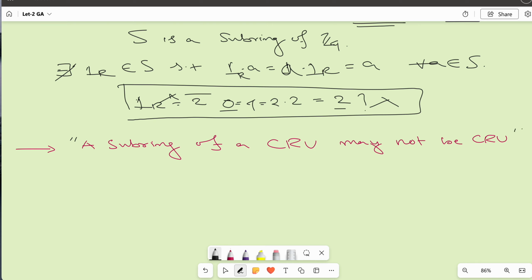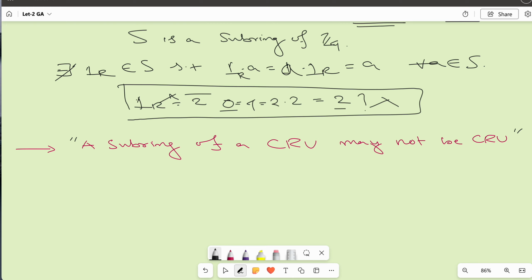If you are asked what you can say about a subring of a CRU, is it a CRU? No. There are plenty of examples, you don't need to worry about that. This is one example, and there are plenty more such examples.